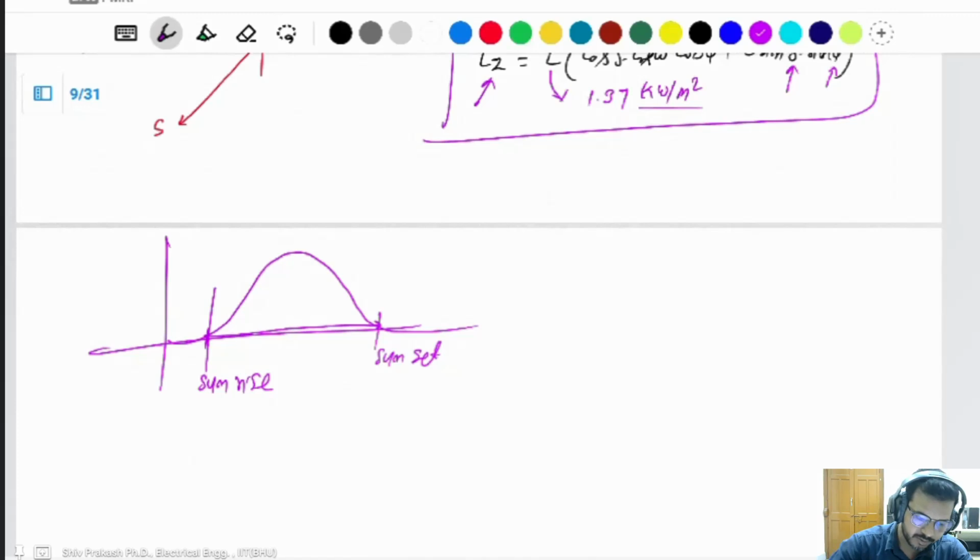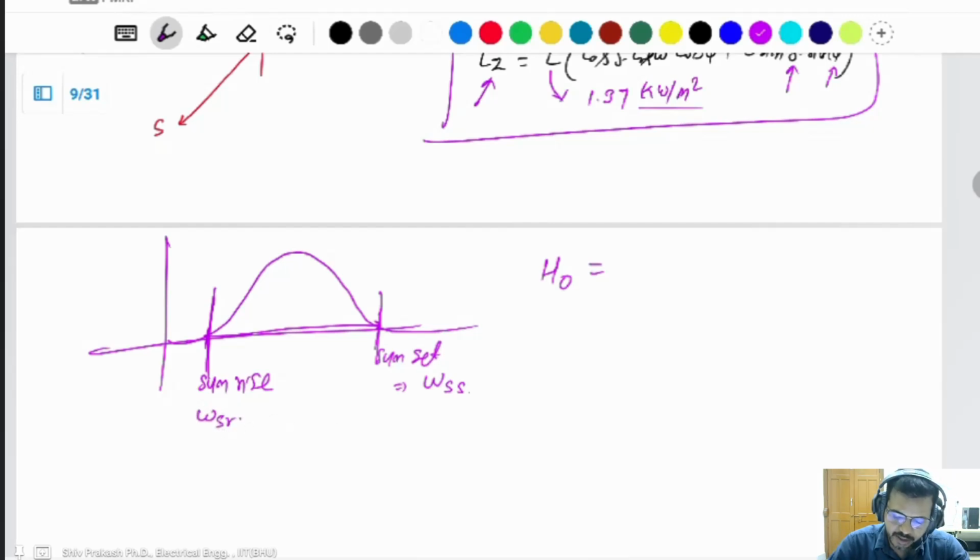Then this will be the effective H naught. We want to calculate from here to here the sunset hour angle. It depends on the hour angle only, because that will be time. The sunset you can say omega SS, and sunrise you can say omega SR.